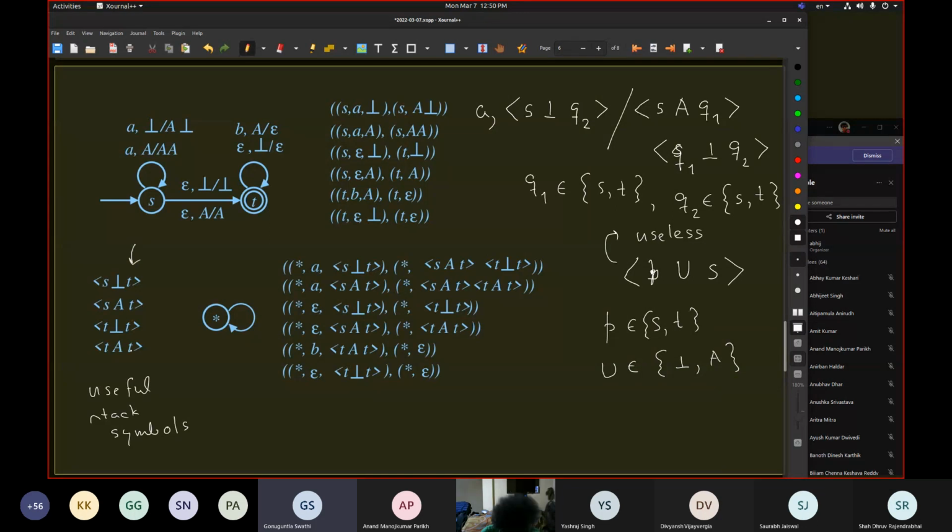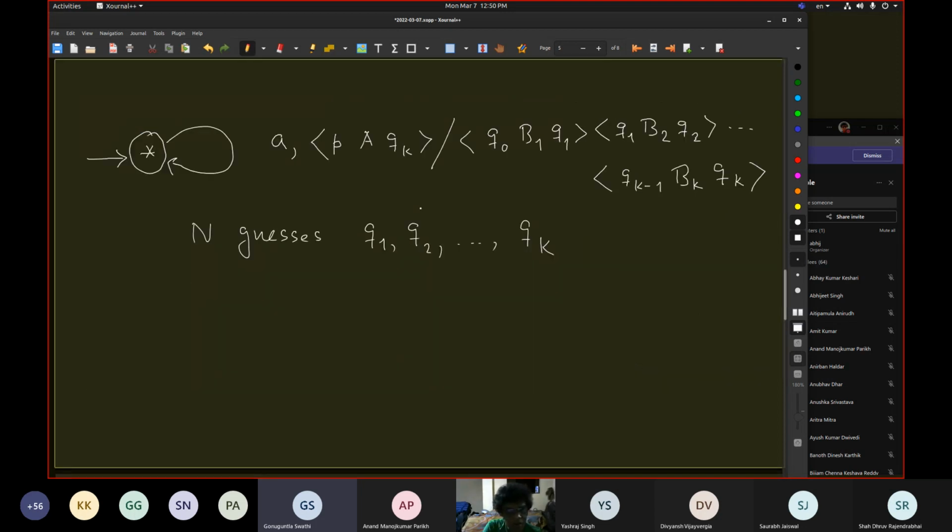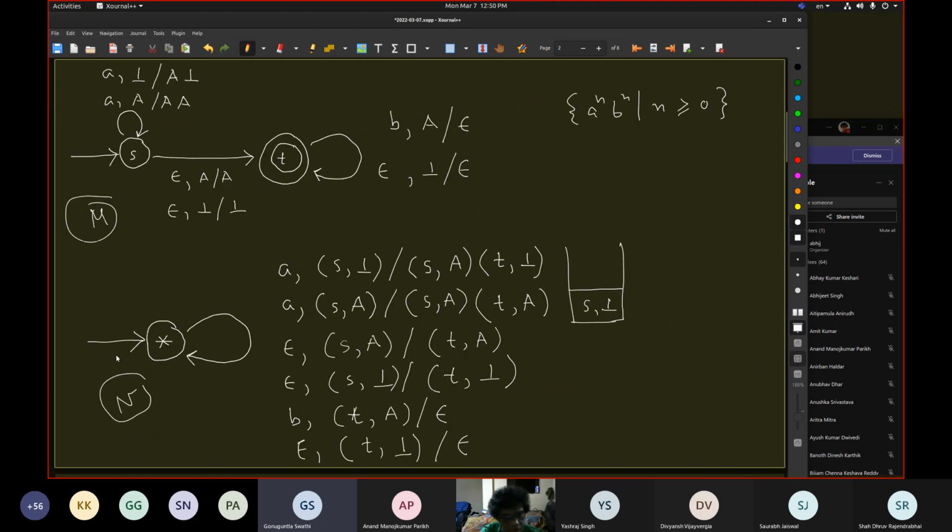It has to be T, because otherwise there is no question of getting rid of these or this in state S. It has to be T. Therefore, if I rename this as S comma this as S comma A, this as T comma this as T comma A, and slightly rewrite these things, you will see that this will exactly be this.